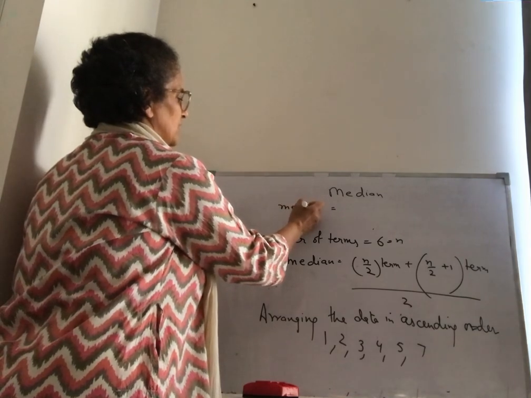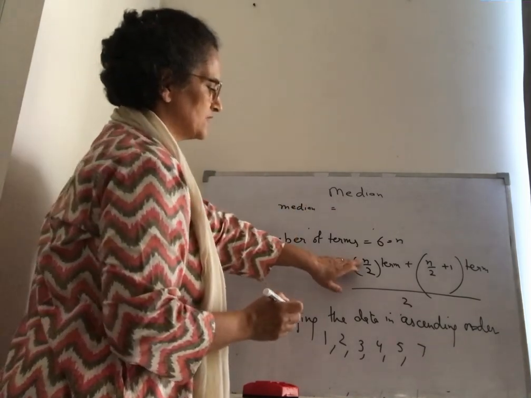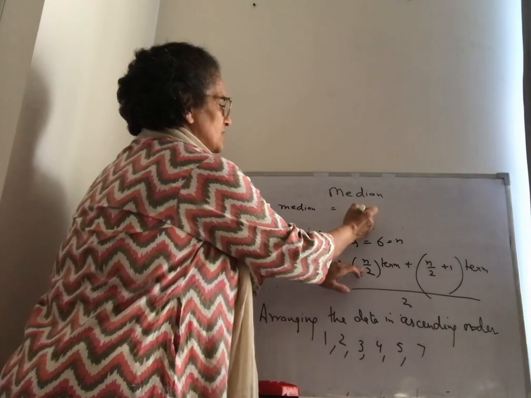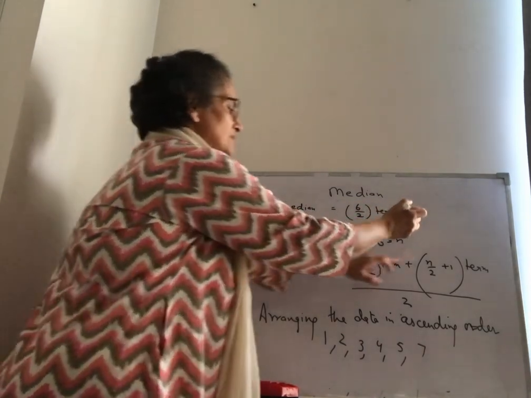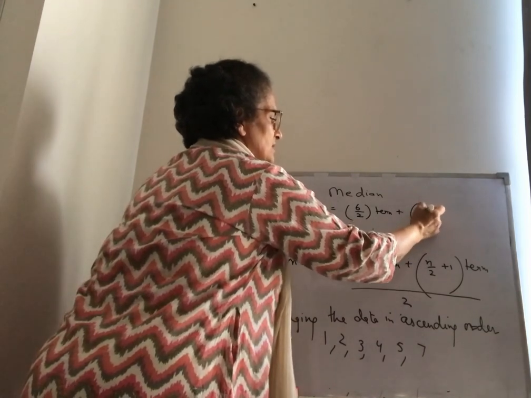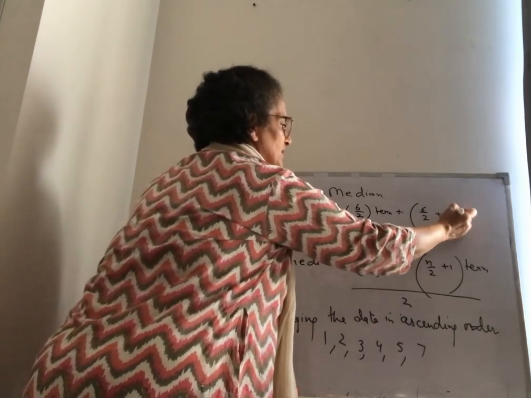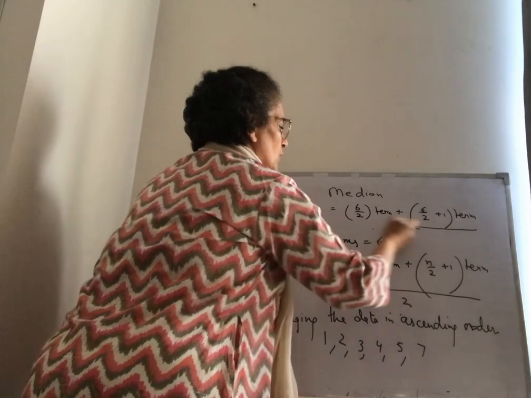I am putting in this formula the value: 6 upon 2 term plus 6 upon 2 plus 1 term, upon 2.